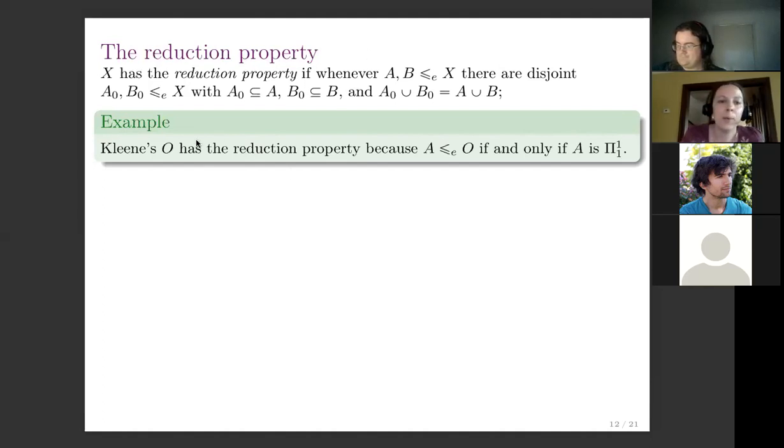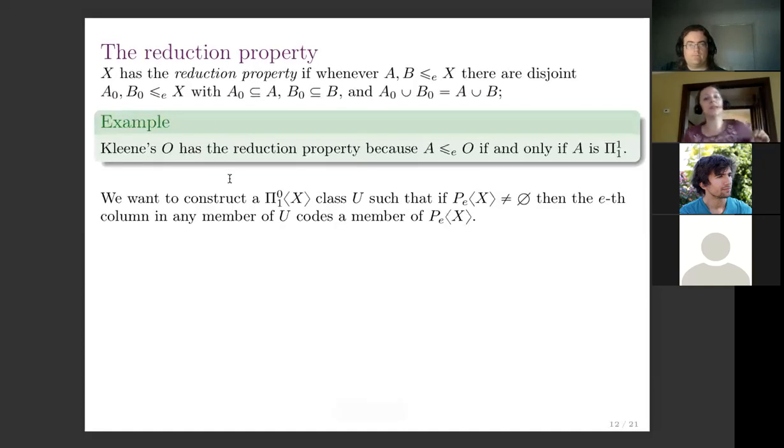So this example in particular, if you know a little bit more about continuous degrees, shows you that the reduction property and continuous degrees are not disjoint, sorry, incomparable. Not disjoint, but incomparable. So there's no relationship there, even though those two held the same place in the diagram.